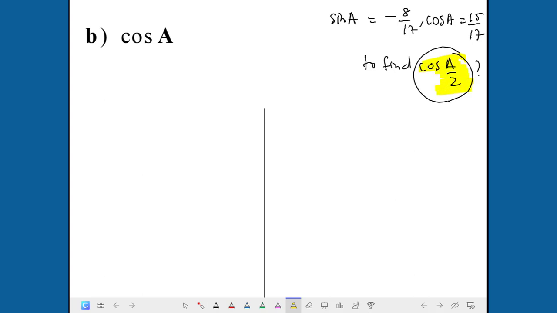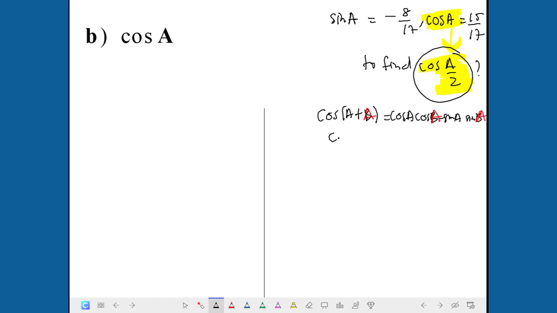Given cos A, you have to derive to A over 2, starting from cos A, using the double angle or half angle. So here is cos A. Let's say double angle, compound angle: cos of A plus B is cos A cos B minus sin A sin B.